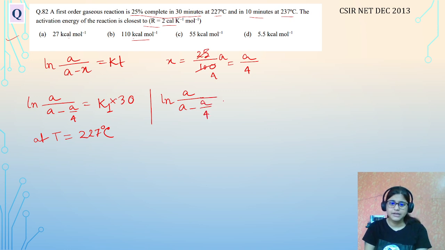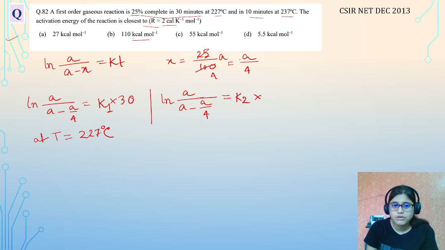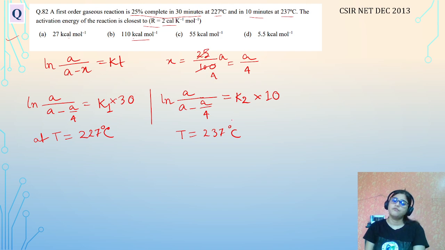The reaction is right. So it will be equal to K2 into, because temperature has changed now at 237 degrees Celsius. Okay, so this will be K2 now. It will be changed, and time is 10 minutes now. Fine. These two equations we get.